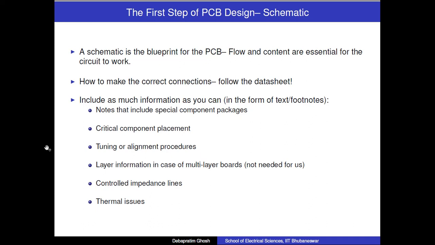Then things like thermal issues, points on the design which could pose a thermal problem, which could get heated up very easily. So that information you must give. And if there are some impedance lines which are controlled, for example, characteristic impedance of transmission lines on the board, so that information would be very useful. There is a lot of other critical information also which you can give, but I have not mentioned them explicitly over here.